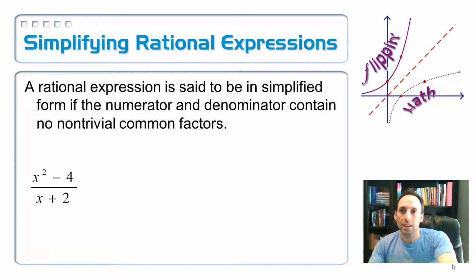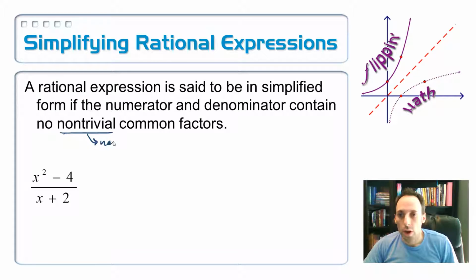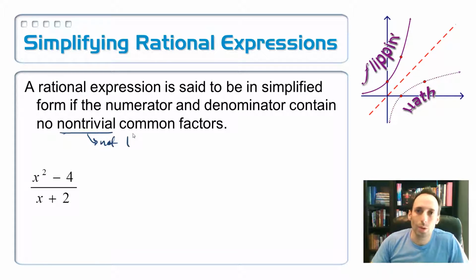In mathematical terms, the numerator and the denominator contain no non-trivial common factors. Non-trivial means that it's not 1. The trivial case is 1, because of course it has common factor 1. Who cares about that?